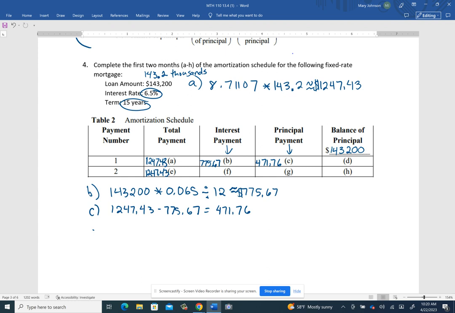Okay, so that means our balance is no longer 143,200. We can take our original balance and subtract the 471.76 to see how much we still owe. But I wanted you to see that you don't subtract your whole monthly payment.